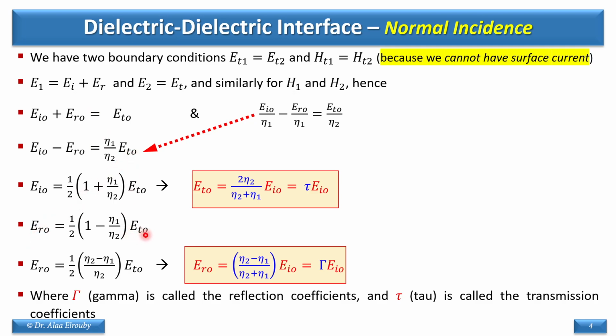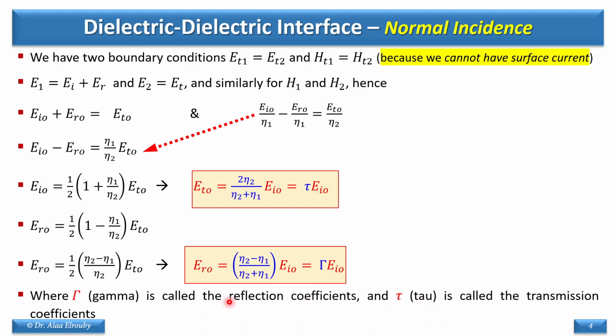E transmitted is known, so just do the math and we'll find E reflected in terms of E incident, and this blue term here is called gamma, which is the reflection coefficient. So gamma is the reflection coefficient, tau is the transmission coefficient.